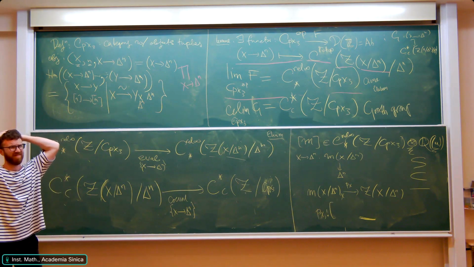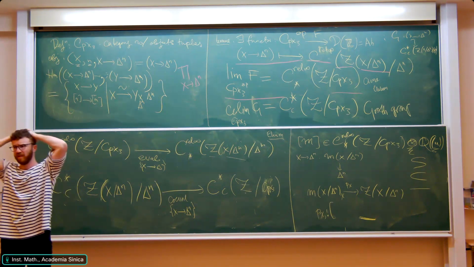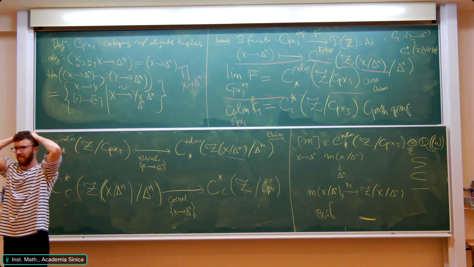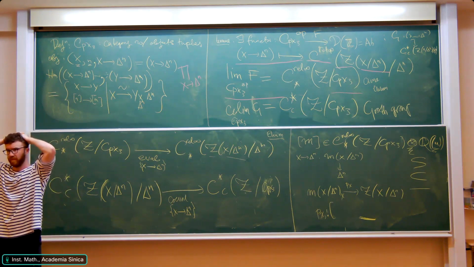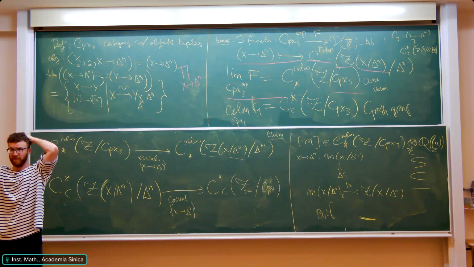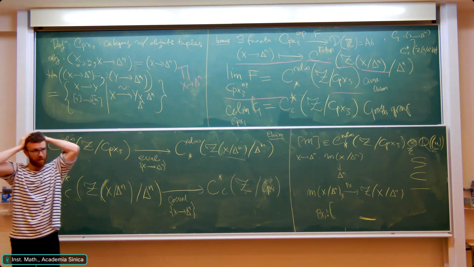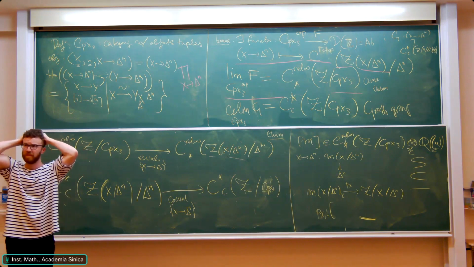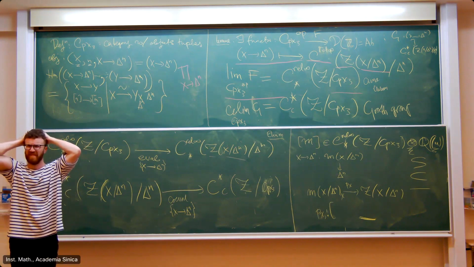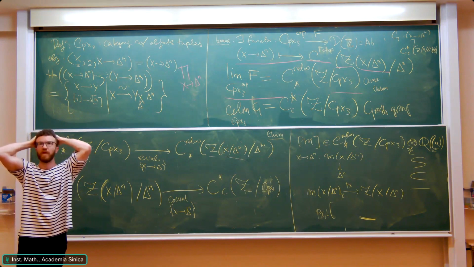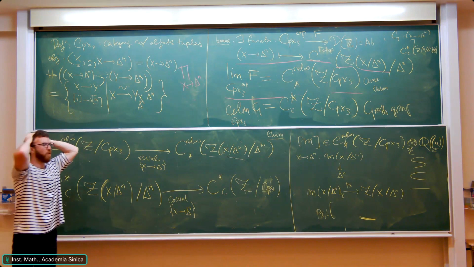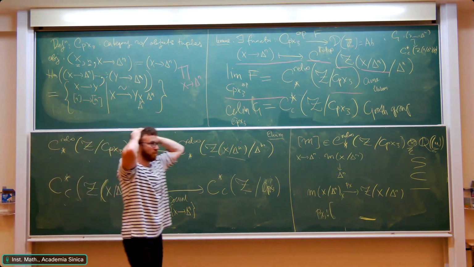Because you definitely have the two form, right? Once you have a complex structure, you definitely have a two form. But then to be symplectic, you have to get the form to be closed. That's the problem.